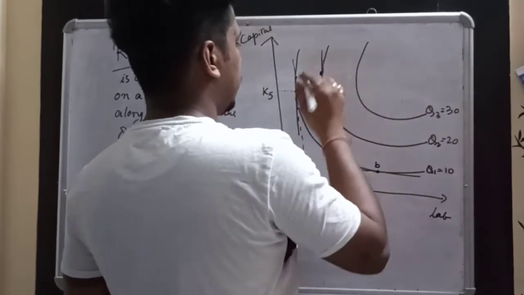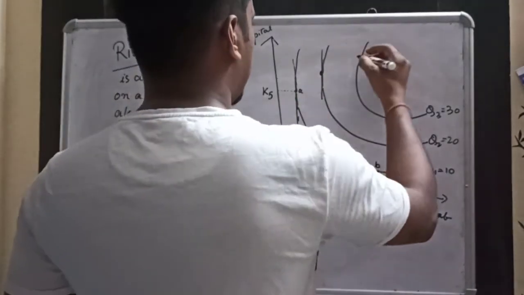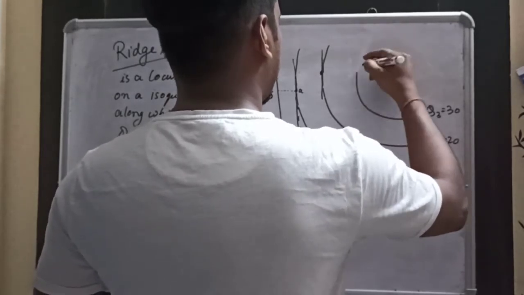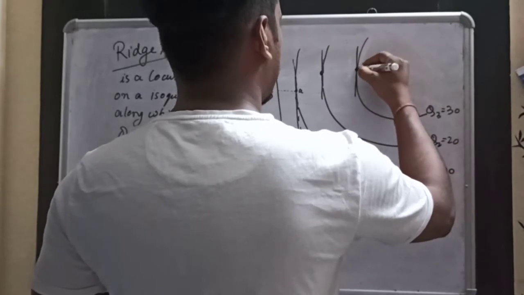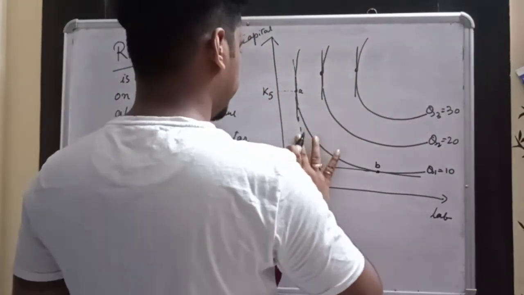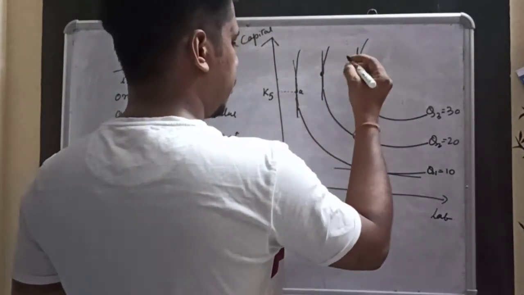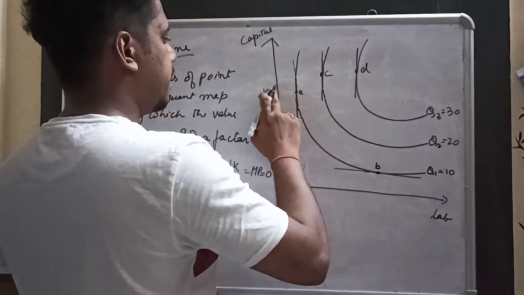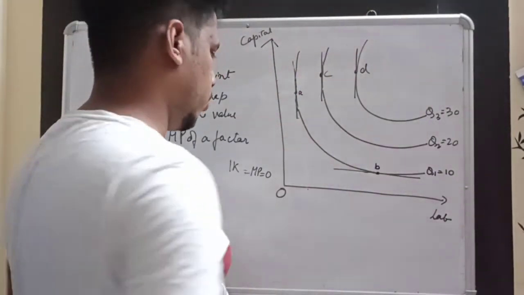Over here, for this also, we will have a point where the marginal productivity of capital will become zero. So at points A, C and D, the marginal productivity of capital is zero.